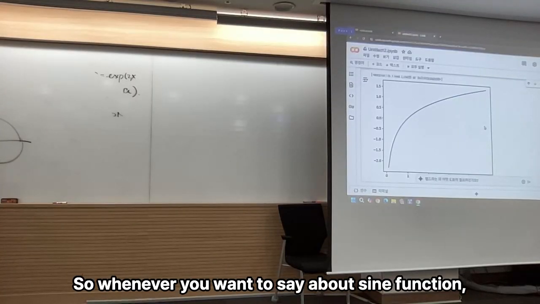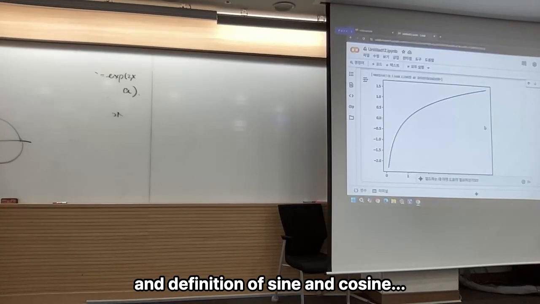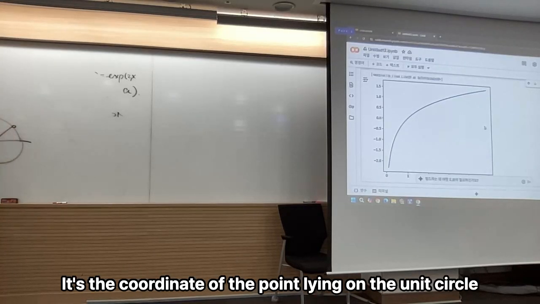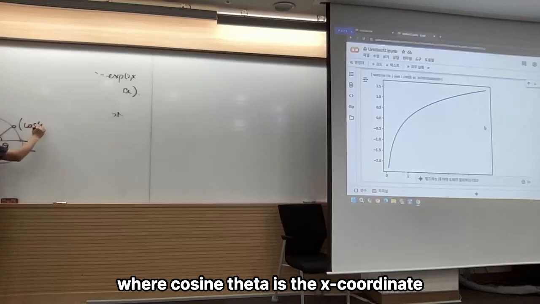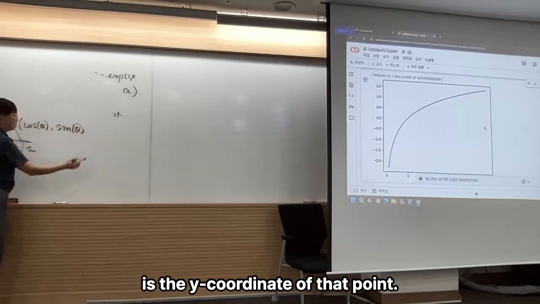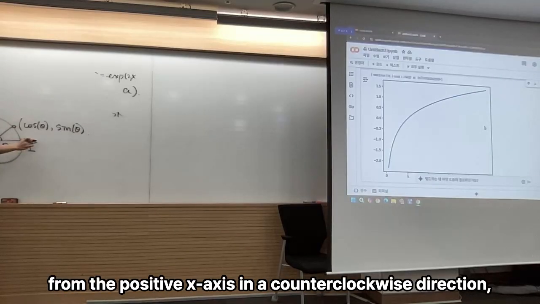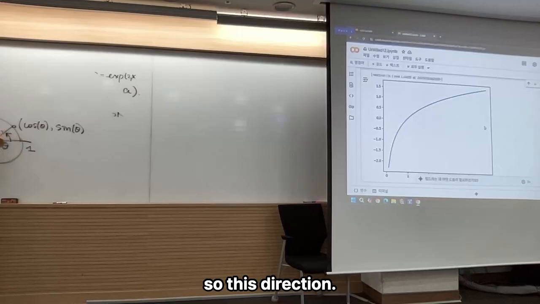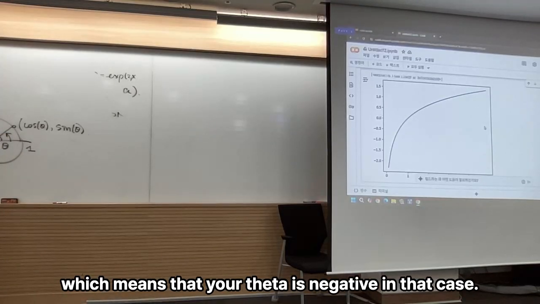Whenever you want to say something about the sine function, you have to start with a definition. The definition of sine and cosine is the coordinate of the point lying on the unit circle with the angle theta, where cosine theta is the x-coordinate and sine theta is the y-coordinate of that point. This angle is measured from the positive x-axis in a counterclockwise direction. So this direction. You can go the opposite direction, which means that your theta is negative in that case.